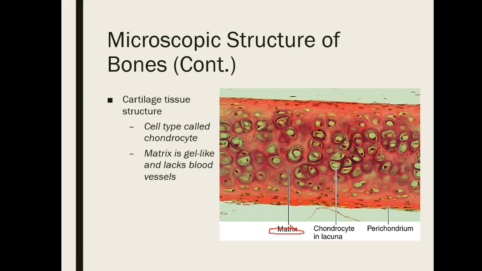The main cell of cartilage is going to be referred to as the chondrocyte. The matrix itself is gel-like and it lacks blood vessels. So this is why if the cartilage becomes damaged or worn out over time, it does not heal very well. There's really no blood vessels within that cartilage tissue, so it's very difficult for that tissue to regenerate or heal itself.